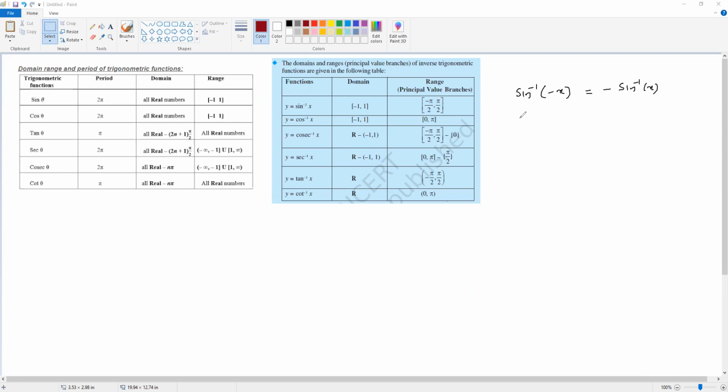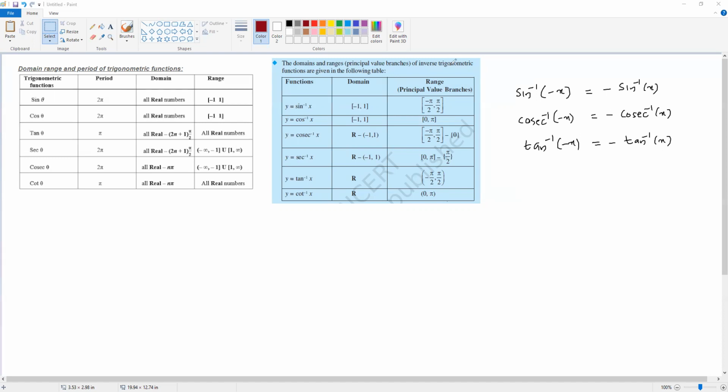Similarly, sine उसका reciprocal is cosecant inverse. Cosecant inverse of minus x is, ये इसलिए प्रॉपर्टी बता रहे हैं कि थोड़ा सा प्रॉब्लम करने में बहुत आसान होगा, it is minus cosecant inverse x, and tan inverse of negative x is the same, negative बाहर आएगा, negative tan inverse x.